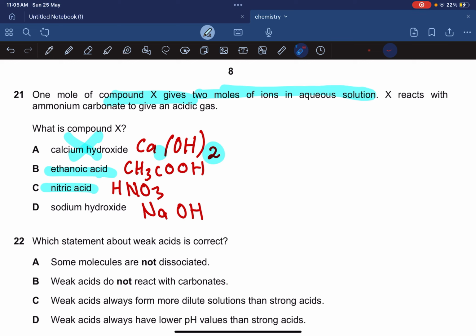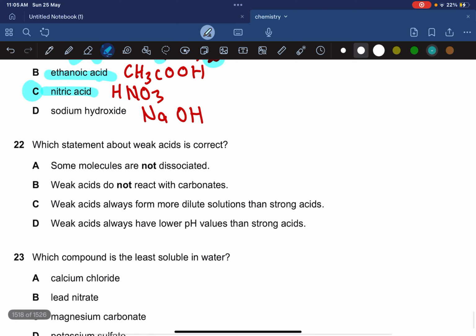What's going to be correct? Considering ethanoic acid is a weak acid, let's go with option C. I guess that's going to be correct because we consider ethanoic acid to be a weak acid, and here we go with the correct answer, which is option C.